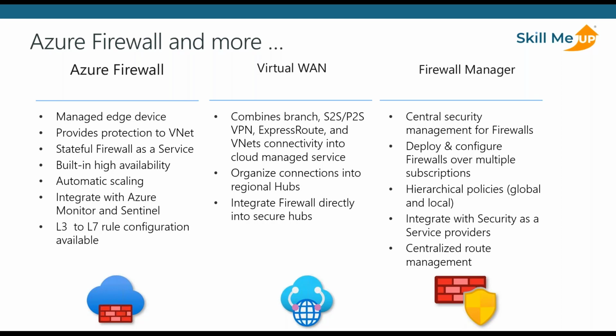You don't have to worry about routing, your peering, anything like that. You put it in that hub, and it manages all that routing immediately for you. And allows you to integrate directly with the firewall using secure hubs. So it gives you a lot of those details and a lot of that built-in functionality straight out of the box, and it makes it even easier for you to manage these solutions.